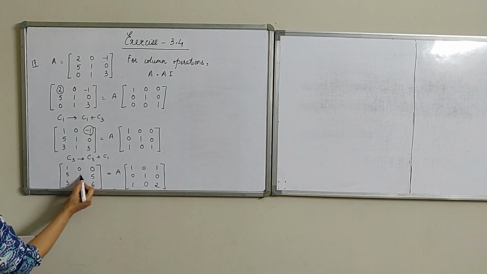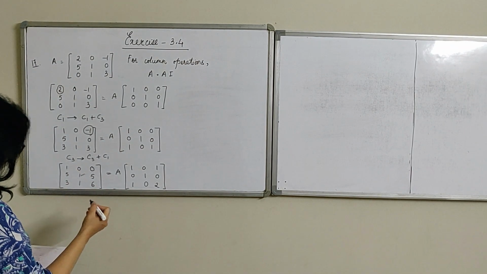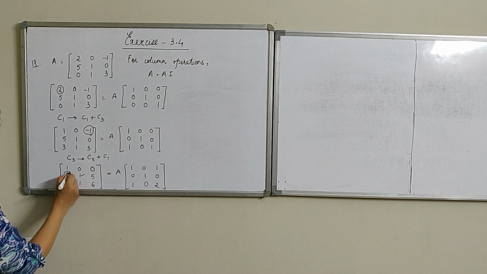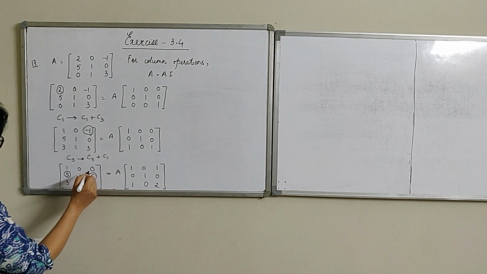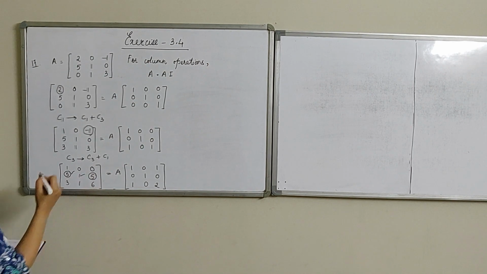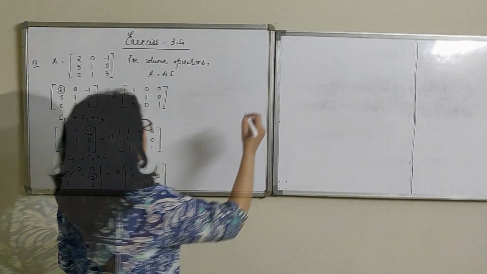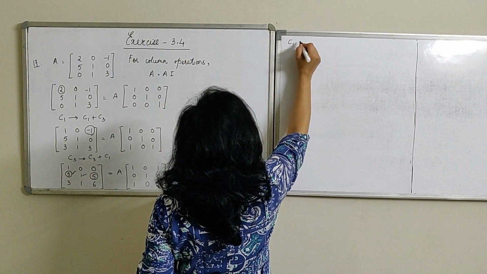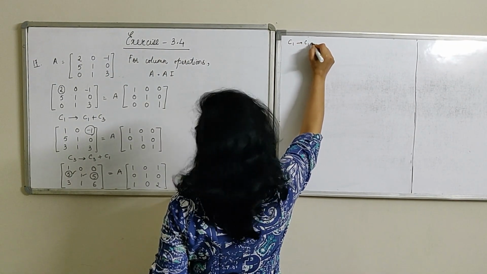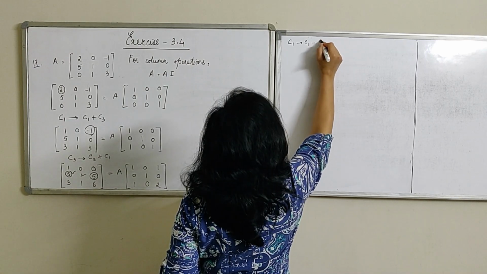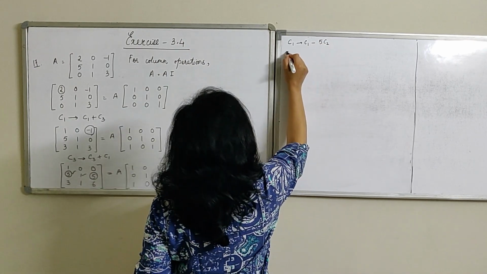In the second row, this 1 also has been obtained. What we want in the second row is a 0 here and a 0 here. So this can be converted into a 0. We are performing an operation C1 as C1 minus 5 times C2.